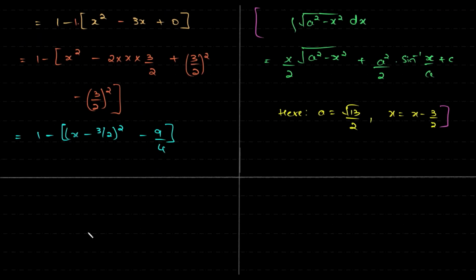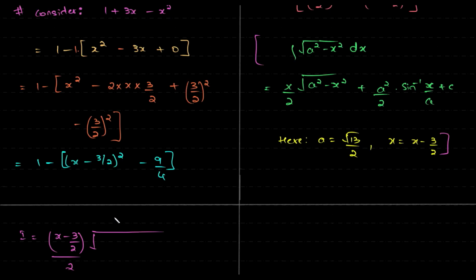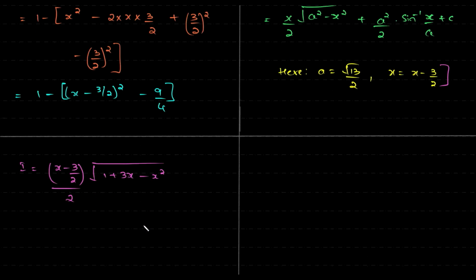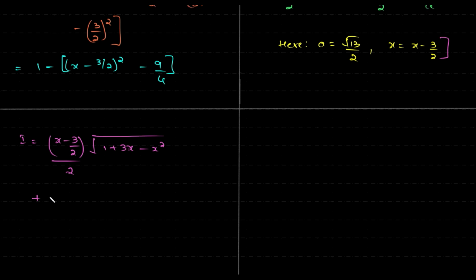And finally, we have I equal to x/2. Then we have the square root of the initial expression, that would be 1 + 3x - x². And then we have plus a², so 13/4 into half.